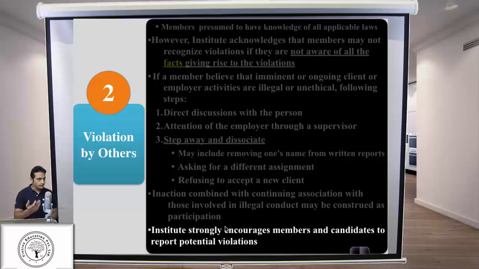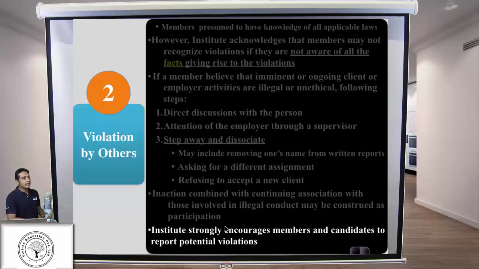Are we okay? Yeah. So suppose we both are colleagues, you are a CFA holder and I am not. And maybe I break some ethics or code of conduct. In that case, I am not bound because I am not a CFA. So that's a good one. What he is saying is that we two are colleagues. I am a CFA charterholder, he is not.